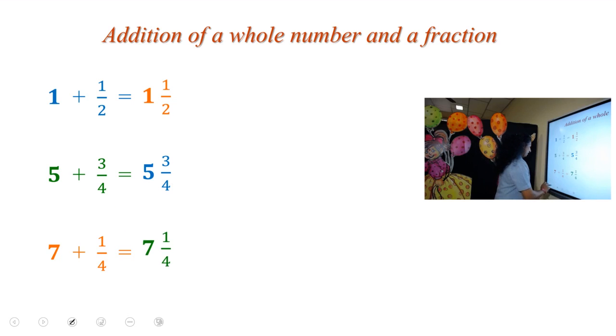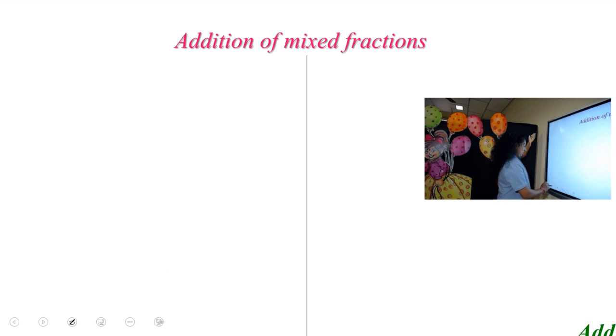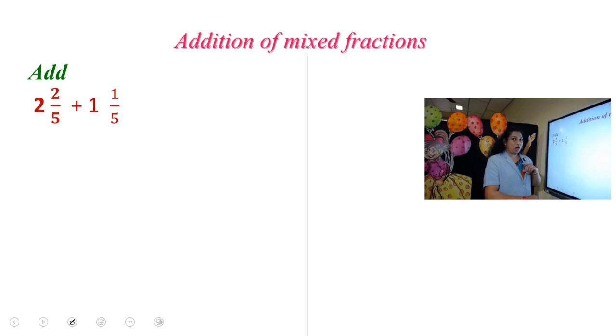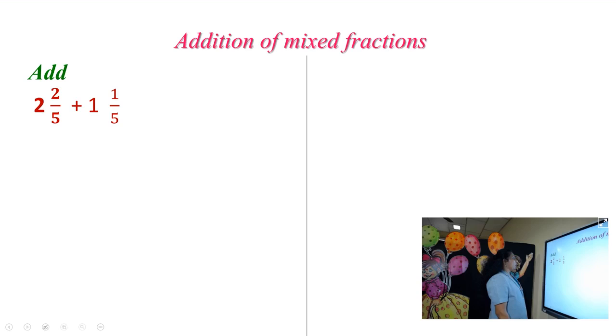Very easy, isn't it? Next, addition of mixed fraction. Let's see. 2 and 2 by 5 plus 1 and 1 by 5. You know how to read a mixed fraction, isn't it? We have got a rule when addition of mixed fractions comes.